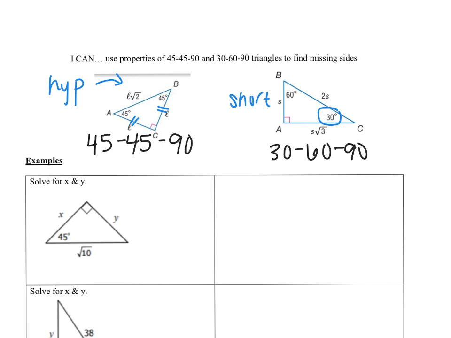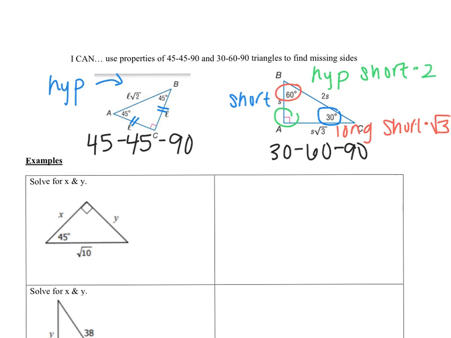Then we have the long leg, which is always across from the 60-degree angle, and that is equal to the short leg times root 3. Last but not least, we've got our hypotenuse, which is always across from the 90-degree angle, and that is equal to the short leg times 2.